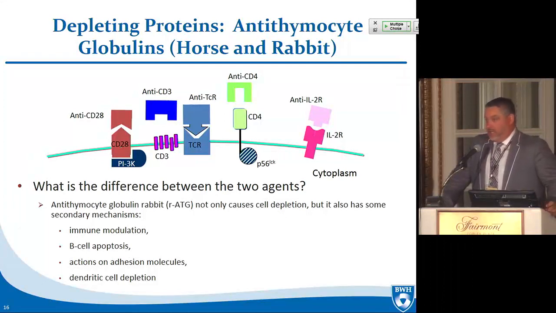There was also B-cell apoptosis with the rabbit, a reduction in expression of adhesion molecules, and a depletion in dendritic cells. So all of this led to a reduction in cellular rejection and also a reduction in antibody-mediated response as well.